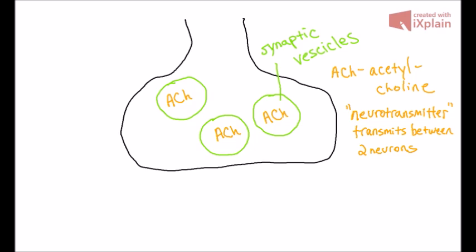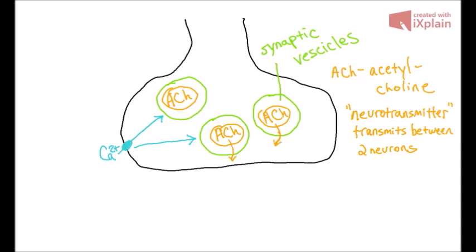So when the calcium ions come in through the doors, through the voltage-gated calcium channels, they go to these synaptic vesicles, and it stimulates this ACH, the acetylcholine, to get released out of the synaptic vesicles.